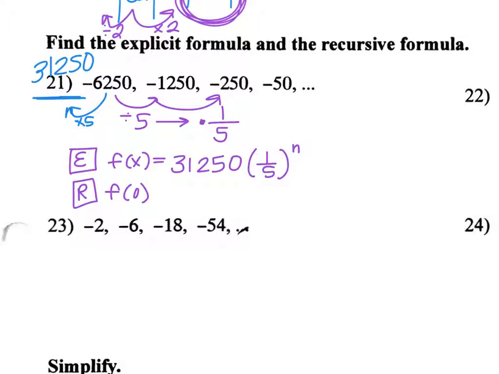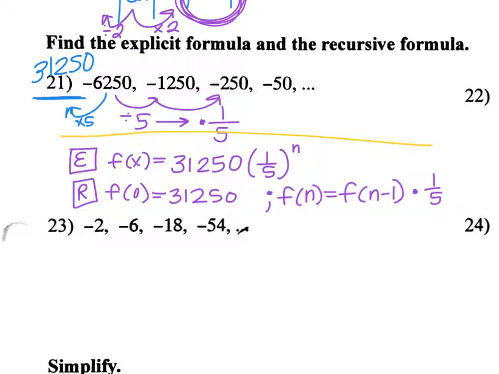First, it tells me the starting point, f of 0, and then it tells me the other equation, which is f of n equals f of n minus 1, then the pattern times 1/5. There's not a whole lot of mystery here. You just kind of have to memorize the format of how you put these equations together.